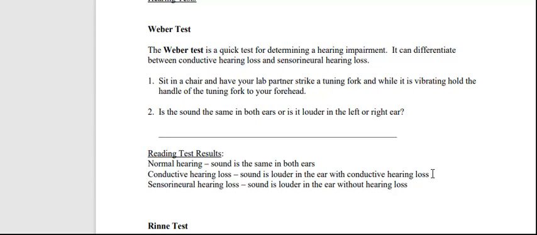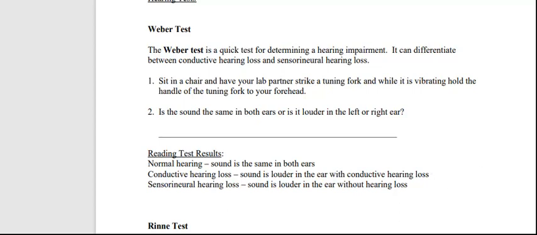So if you're having trouble with your eardrums, where your eardrums aren't vibrating correctly, then you will still be able to hear through your bone. So the sound will be louder in the ear with the conductive hearing loss. The one that you can't hear as well, you'll be able to hear with the tuning fork.